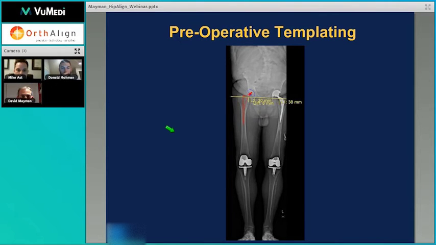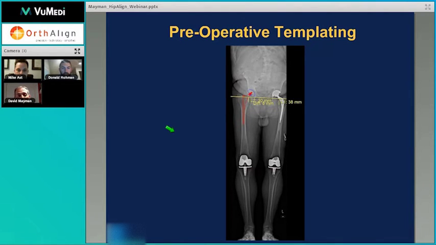And we're navigating, but we're not navigating to the anatomy of the pelvis. We're navigating to the functional position that this patient happens to be in. So we don't get fooled. If we were navigating to the anatomic position, we wouldn't put this patient's acetabular component in the position that we ideally would like to.